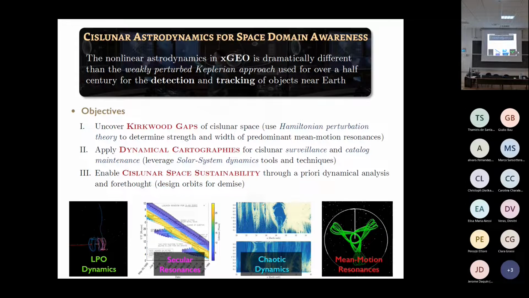And really, to answer the more general question of what is the Kirkwood gap of cislunar space, a question of great relevance now that we're locating our space-based assets in these regions, whose stability we only loosely characterize. We'll also adopt some tools and techniques from solar system dynamics to apply dynamical cartographies of the phase space in order to leverage this for space surveillance and catalog maintenance.